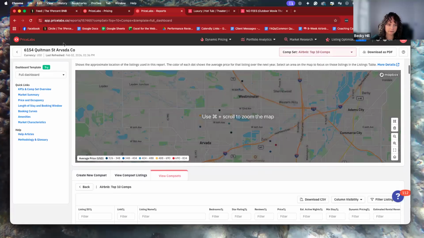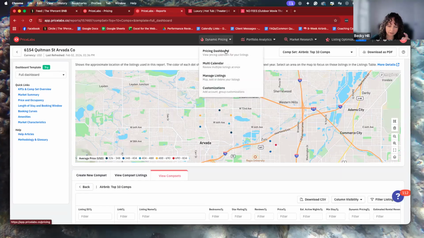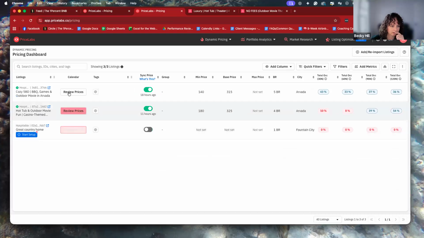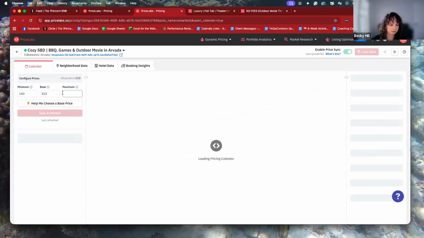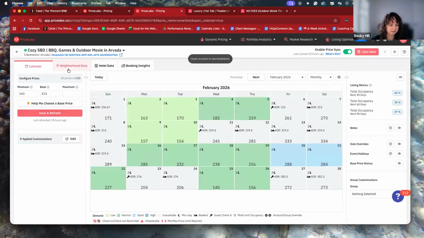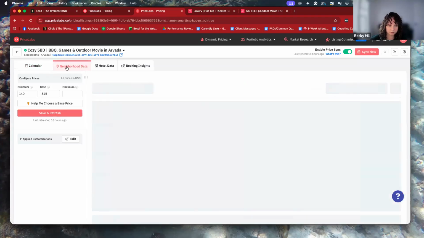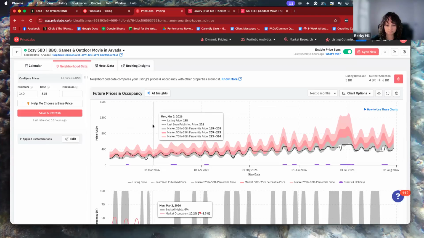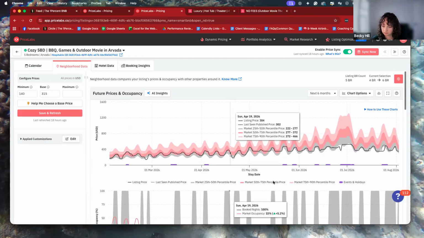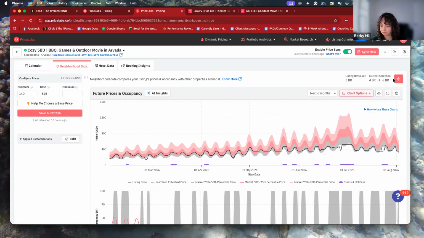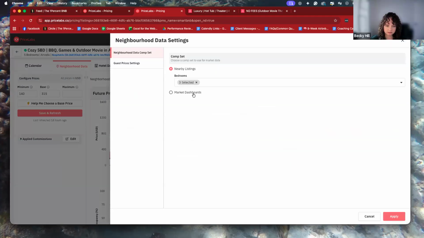Again, I don't use this for everything, but some things. Another place you can use this, if you go back into your pricing dashboard, your view properties for this, you can go over here to your neighborhood data. Now you can go over here, options.